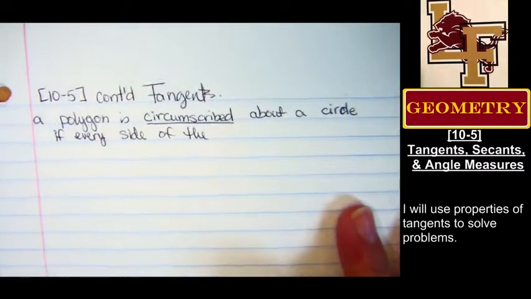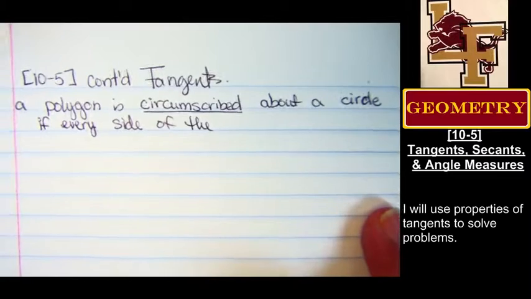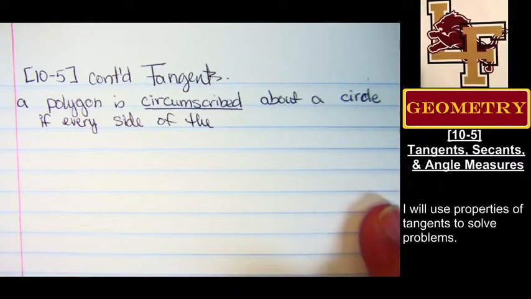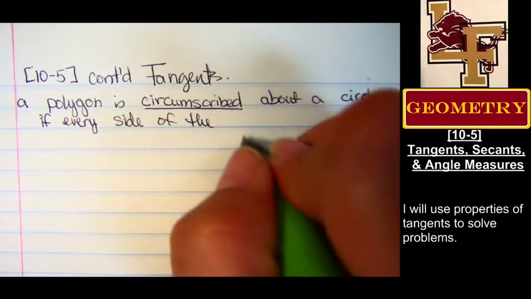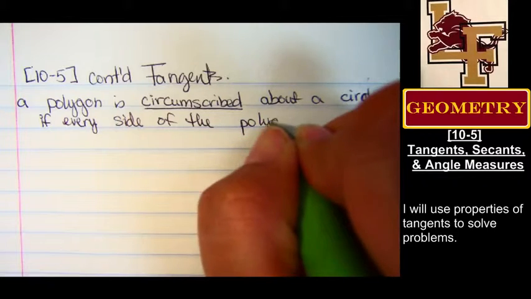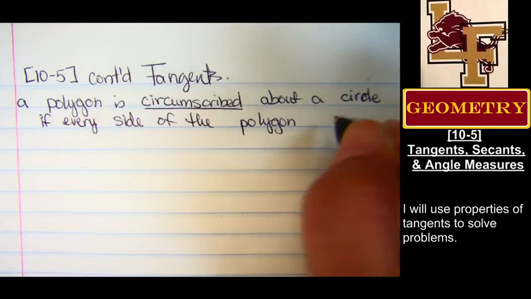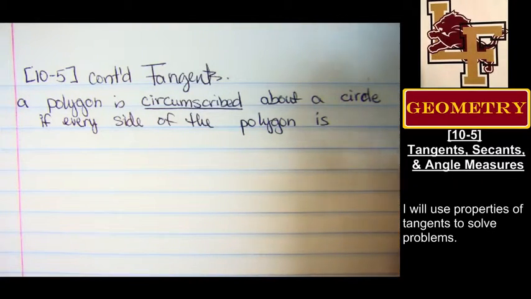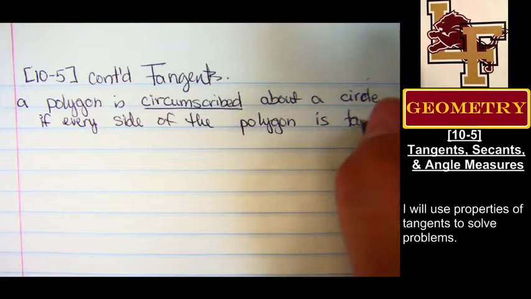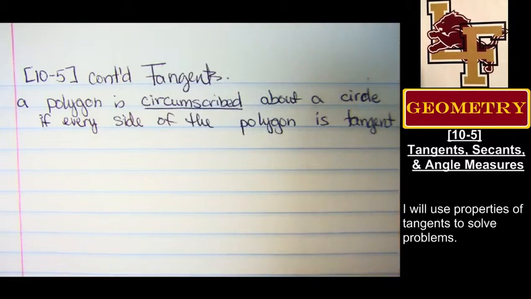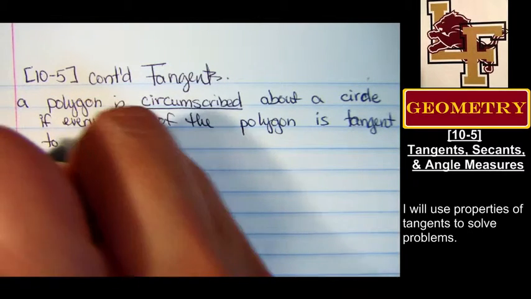When you circumscribe something about, you're drawing it around. Okay. Thank you for making me stop and answer that question. It ends up drawn around the circle if we can say that every single side of the polygon is tangent to the circle.